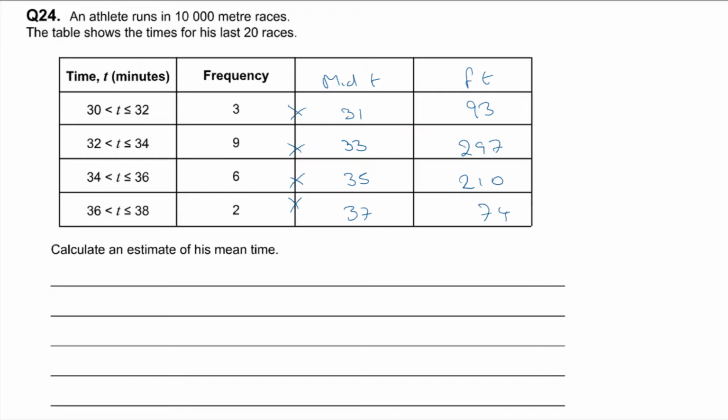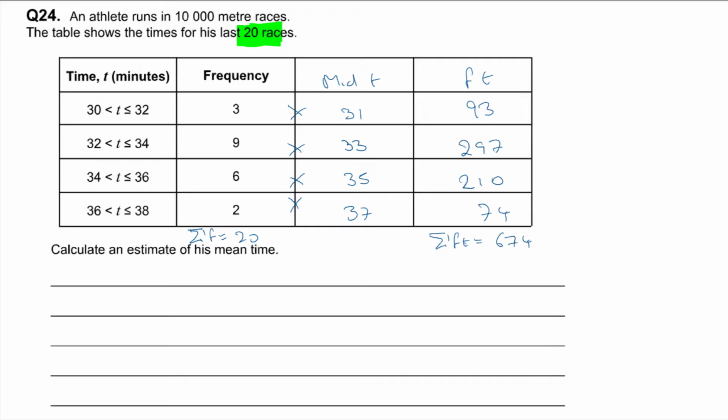So sigma f, the sum of the frequencies, is going to be equal to 20, because the question already tells us that, but we can add them up as well. And sigma ft, the sum of the frequencies times the times, is going to be 74 plus 210 plus 297 plus 93. Those four values come to 674.